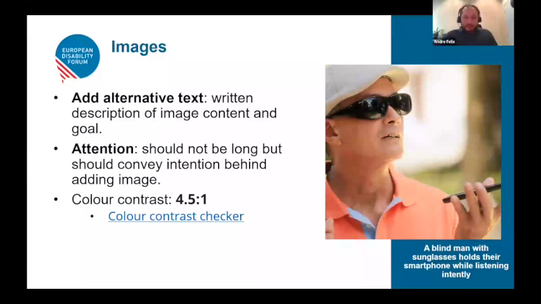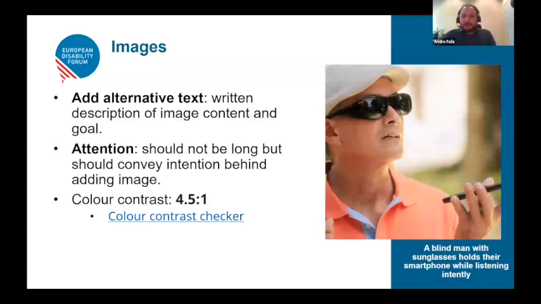Something else that is important with images is also to ensure good color contrast, especially when you have written information or you are doing illustrations. There is a very nice, very free and very good color contrast checker that you can use online. You can see if the colors that you're using pass the test. Just as technical information, for color contrast, the Web Accessibility Guidelines recommend 4.5 to 1.